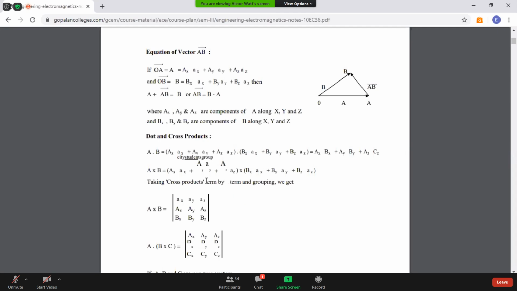In other words, AX cross BX, AX cross BY, AX cross BZ, and do the same thing now. If we group the terms, we are going to end up with what? 1, 2, 3. We are going to end up with 9 terms, right?